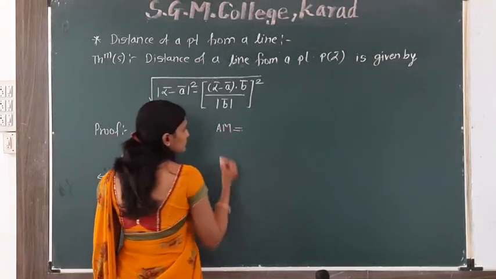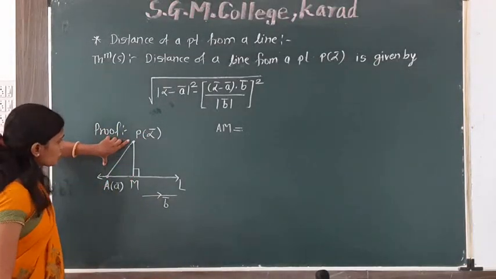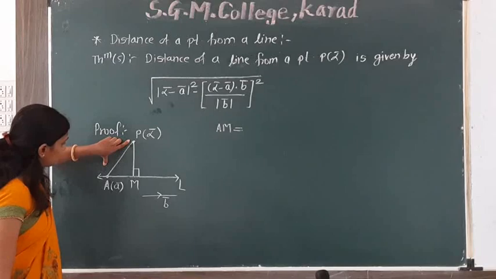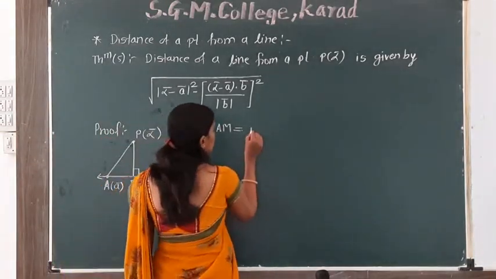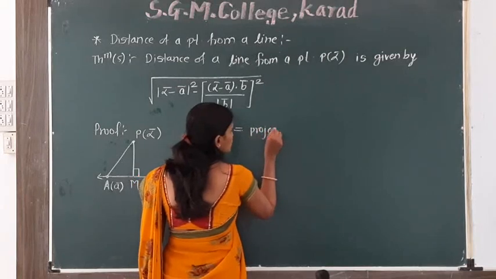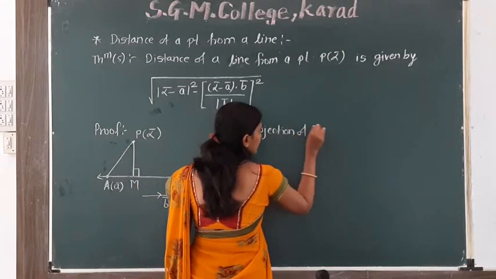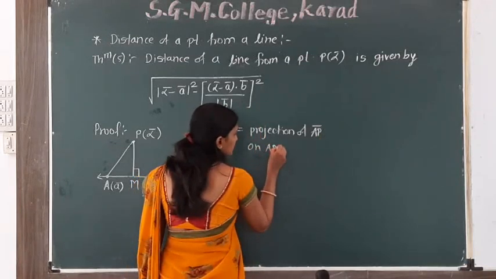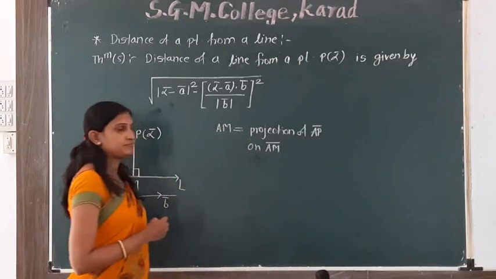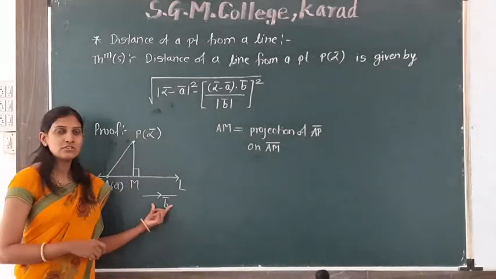AM is equal to the projection of AP bar on AM bar, but AM bar is parallel to b bar.